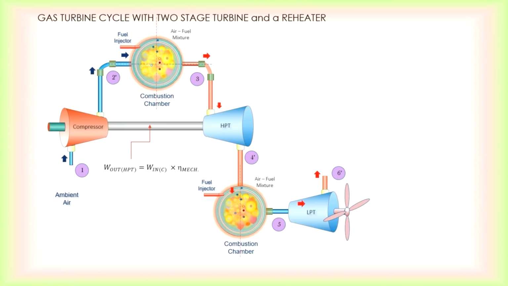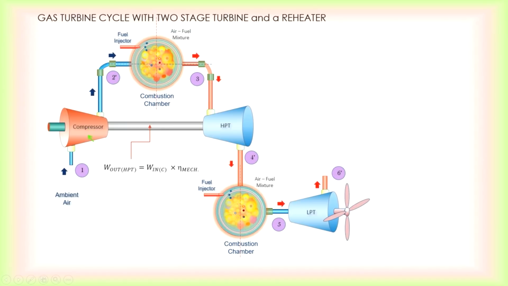From here, it undergoes another constant pressure heating process before it is sent to the low pressure turbine. In the low pressure turbine, it again undergoes isentropic expansion, coming out at state point 6. Now, due to irreversibilities, you have 6 prime, 4 prime, and 2 prime.